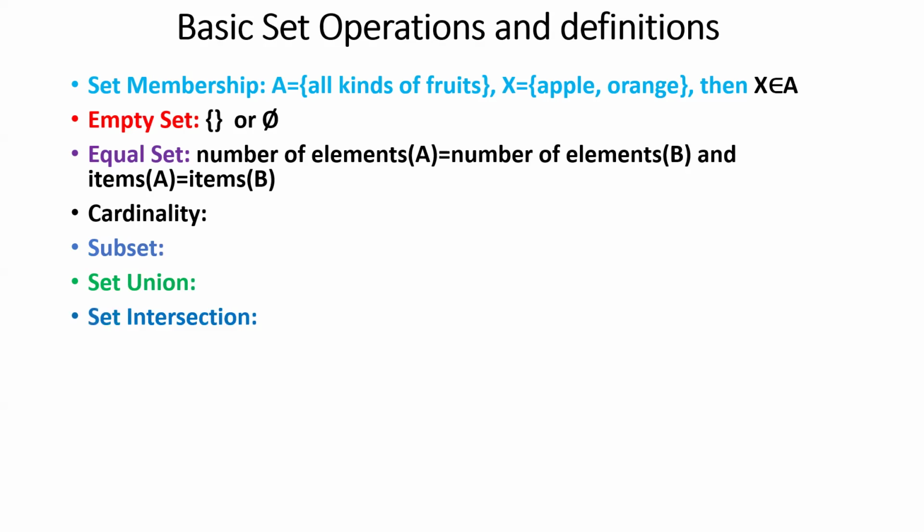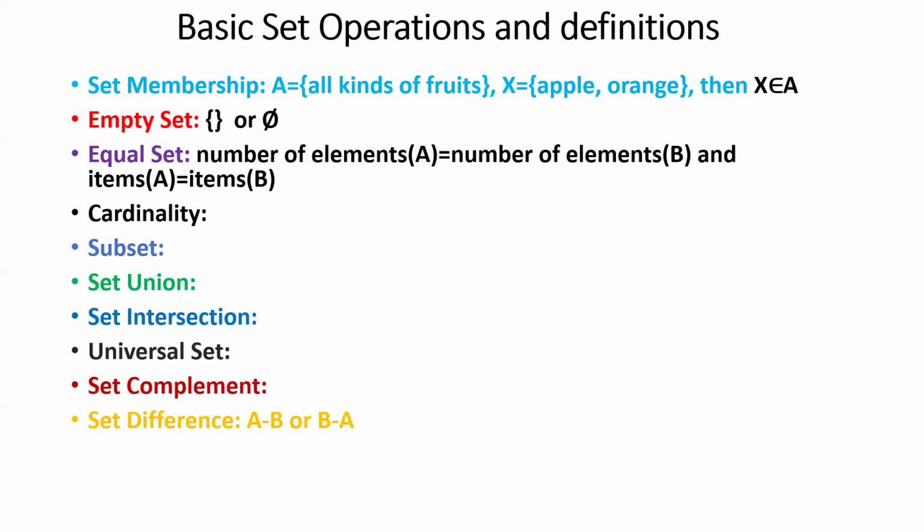Whereas set intersection is the set of elements which can be found in both A and B. A set which has elements of all the related sets without any repetition of elements is referred to as the universal set. If A is a subset of the universal set, then A prime is the set of all members of the universal set which are not the elements of A.